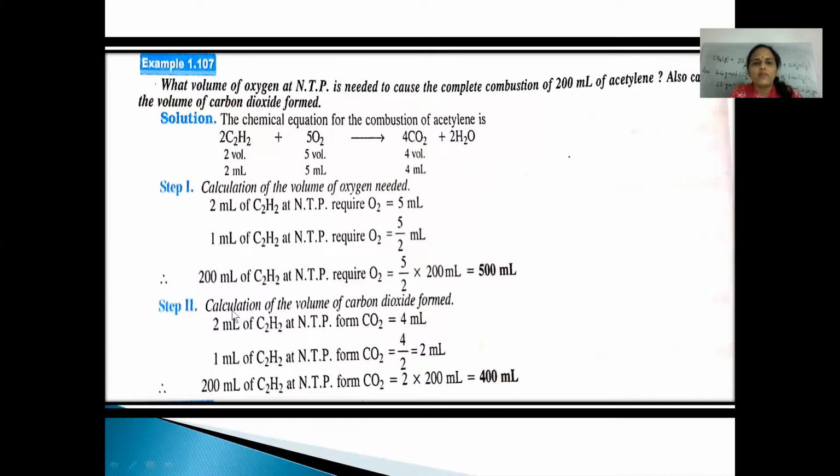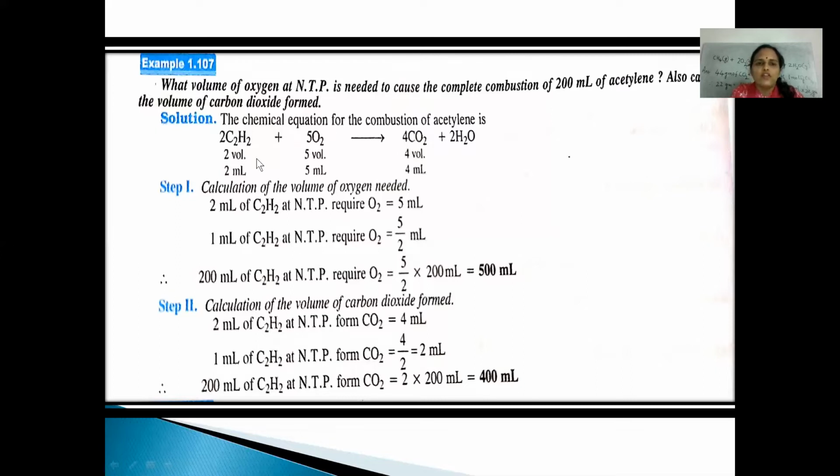Therefore 200 milliliters of acetylene requires 5 by 2 into 200 milliliters, that is 500 milliliters. Very simple stoichiometric calculation.